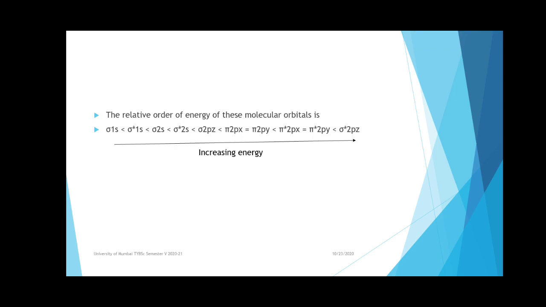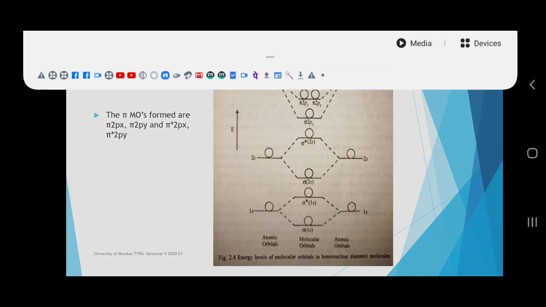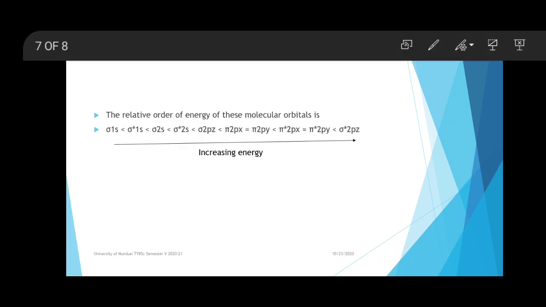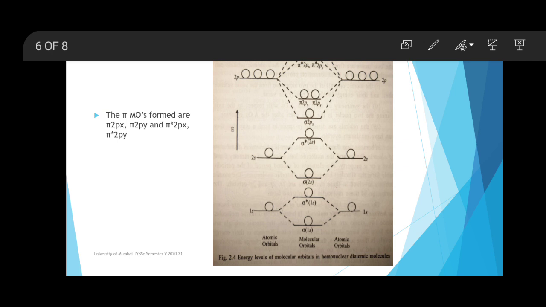I will show you. Let's say this is the atomic orbitals of the first atom and these are the atomic orbitals of the second atom. Both have the same energy. You can see the 1s orbital of the first atom and the 1s orbital of the second atom, both having the same energy. Similarly for the 2s orbital, energy remains constant, and for 2p also energy remains constant.